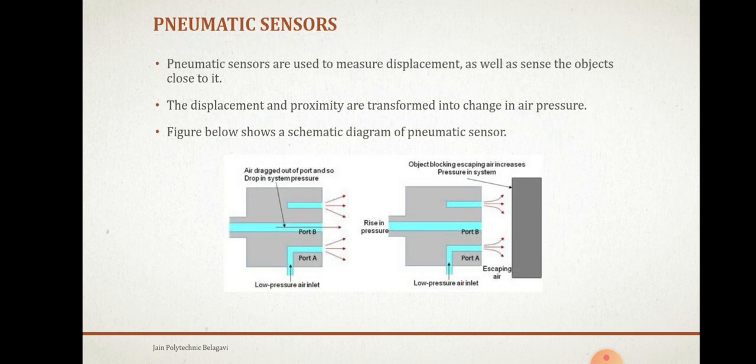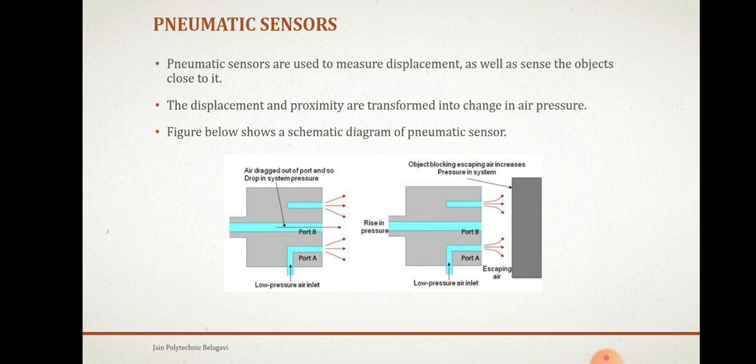The next one, pneumatic sensors. Pneumatic sensors are used to measure displacement as well as sense an object close to them. The displacement and proximity are transformed into a change in air pressure. You can see in the figure below the diagram of a pneumatic sensor.